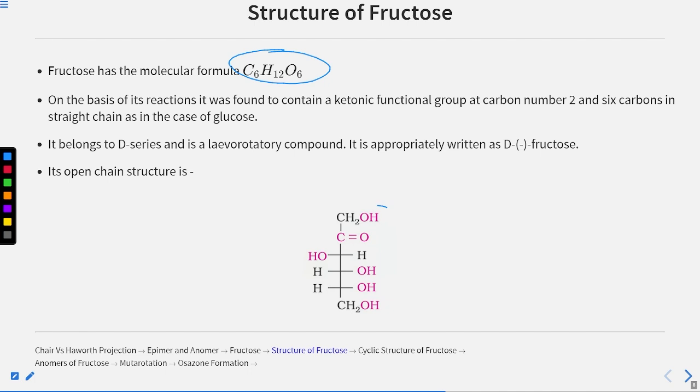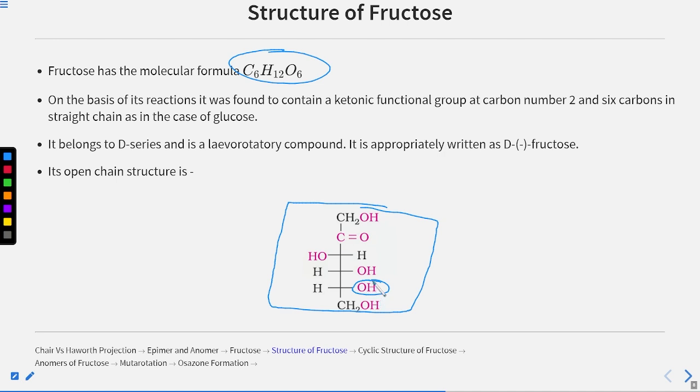Again, we have first considered the open chain structure. We will consider the cyclic one also. So this belongs to the D series and it is levorotatory. Why D series? Because the bottom OH is on the right side. For the L series, the bottom OH would be on the left side.